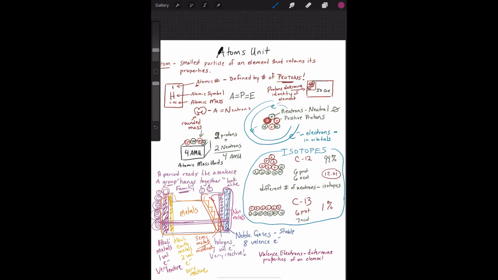So when we talk about properties, what are we talking about? We're talking about its reactivity, boiling point, melting point, color, so physical properties like color and texture and density. We could also be talking about how well it heats up. It's called specific heat. So valence electrons determine the properties of an element.